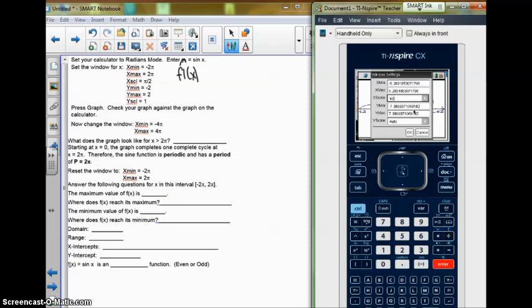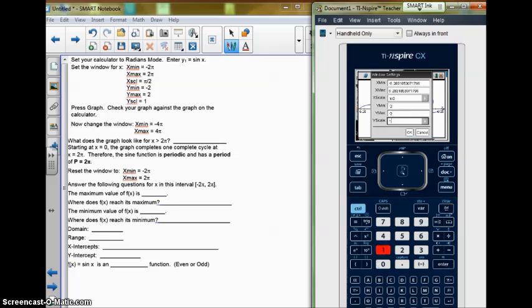Okay, and then y min, y max, negative 2 and 2. Okay, and then the y scale should be 1, so we're just going to change that to 1.